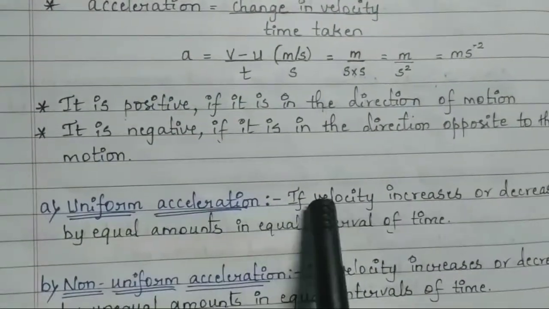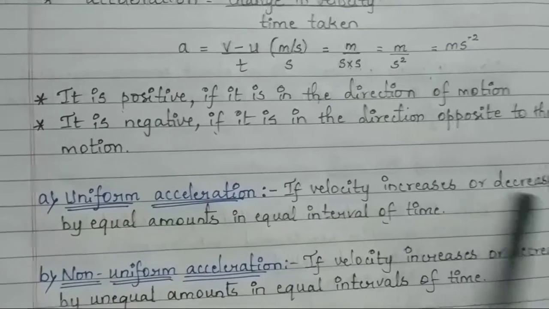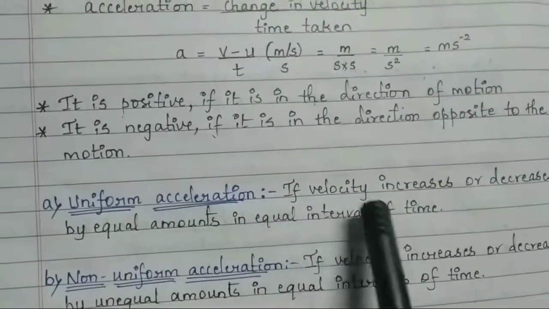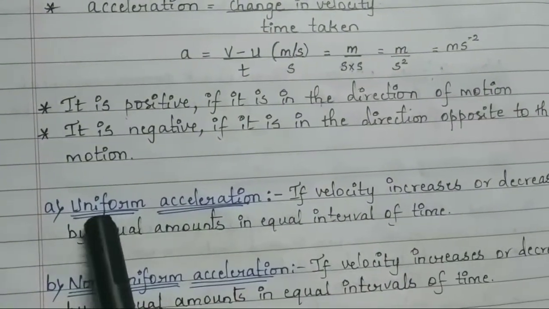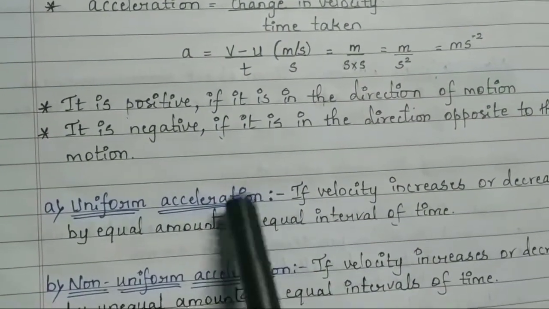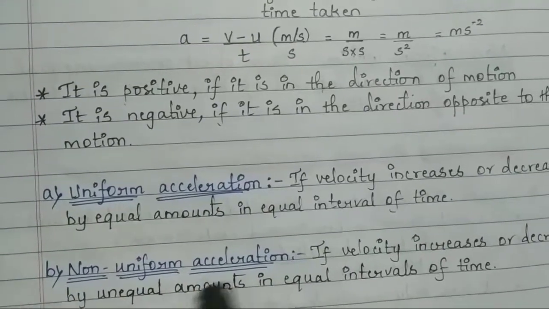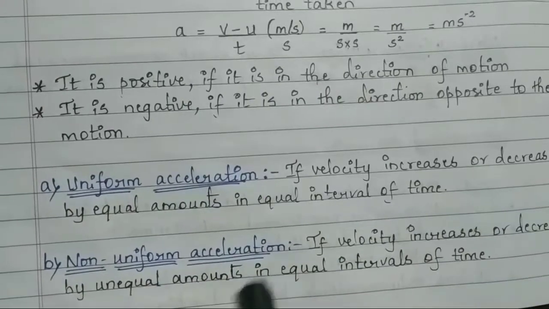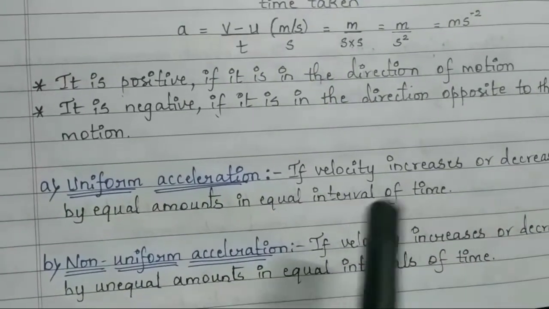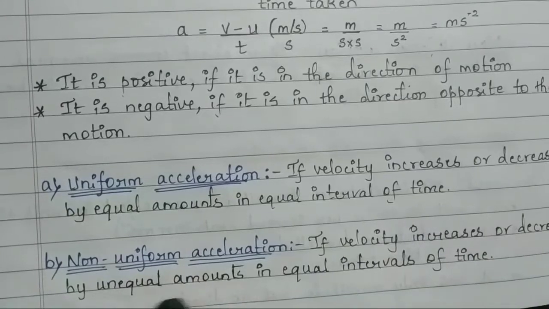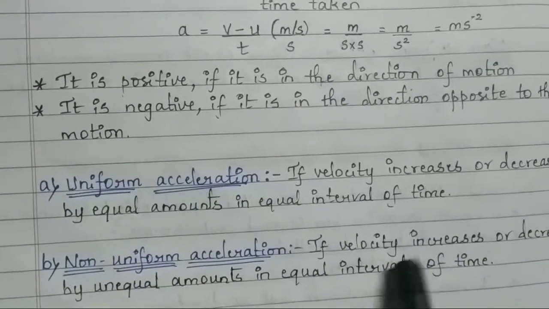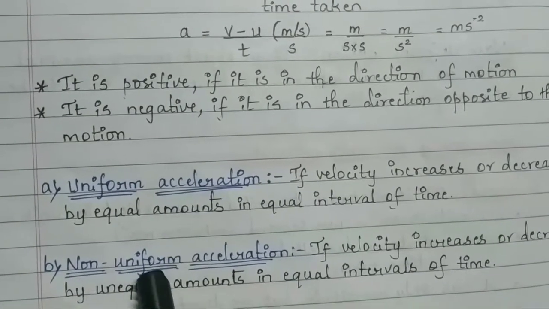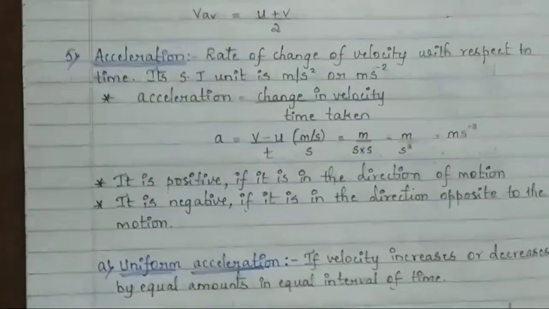Whereas in non-uniform acceleration, your velocity increases or decreases by unequal amounts in equal intervals of time. That is considered non-uniform acceleration.